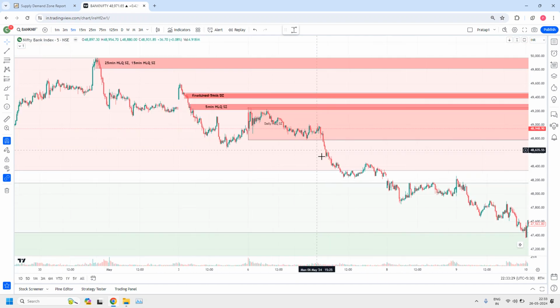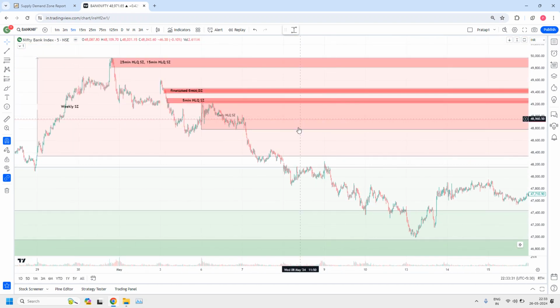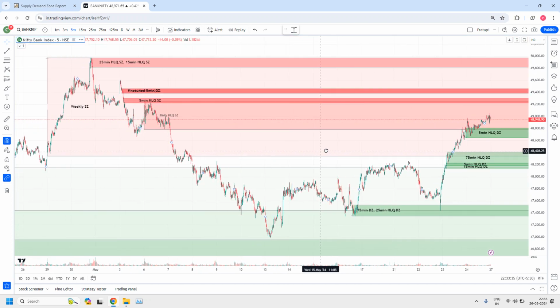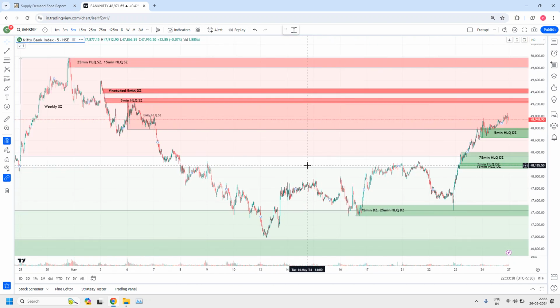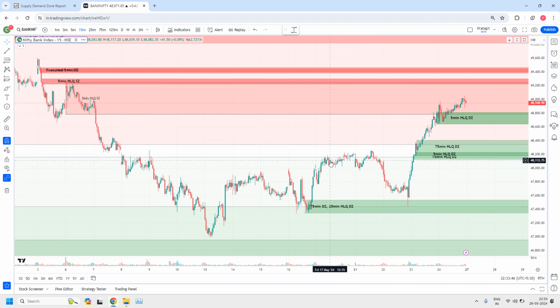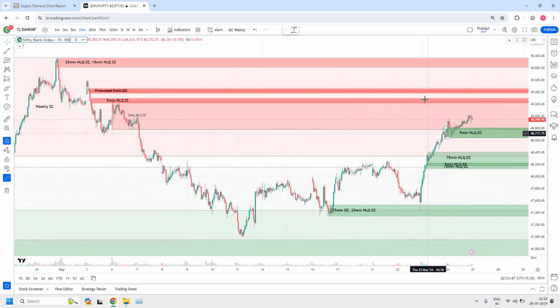Now let's look into the final picture. I am moving on to the 15 minutes time frame, and let us look into the overall picture from a 15 minutes point of view.